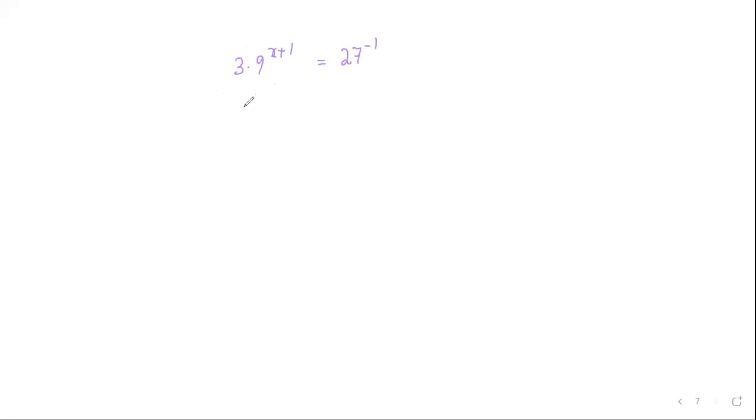And the other one will be 2 exponent x into x minus 3 is equal to 0.25. Let's start with this one first. Let's call this A and call that B.